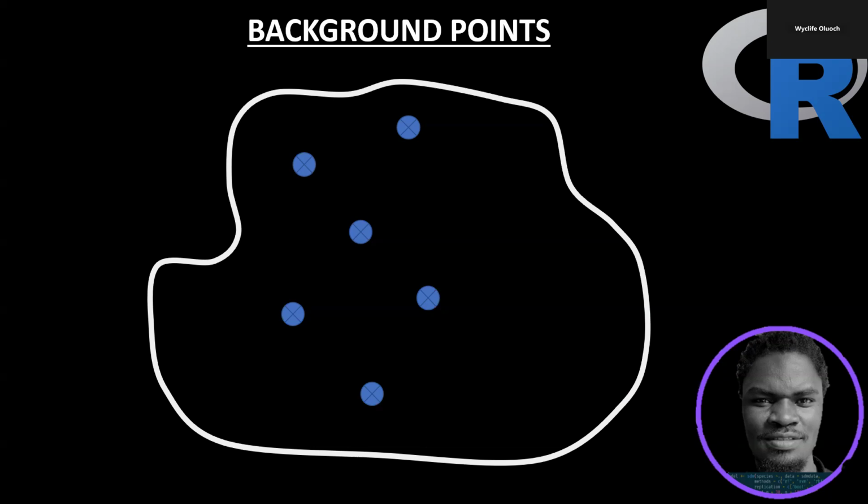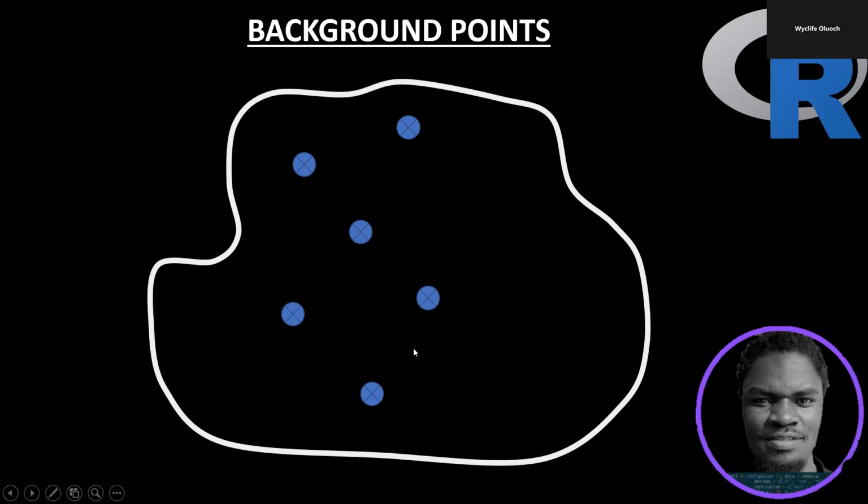Now, within that small area, we normally have presence only data. Like we have only information about locations where a given species has been observed.